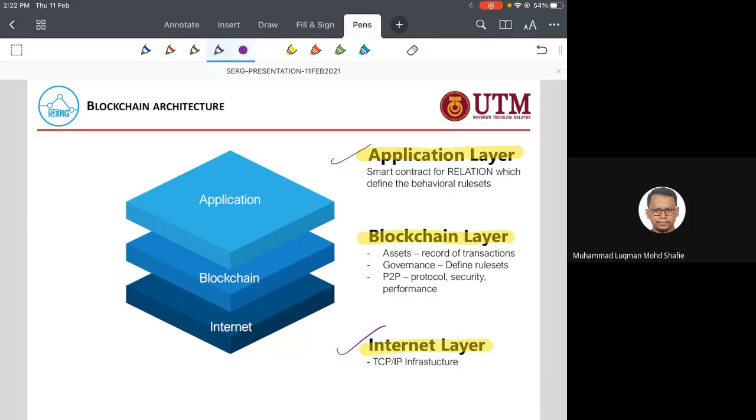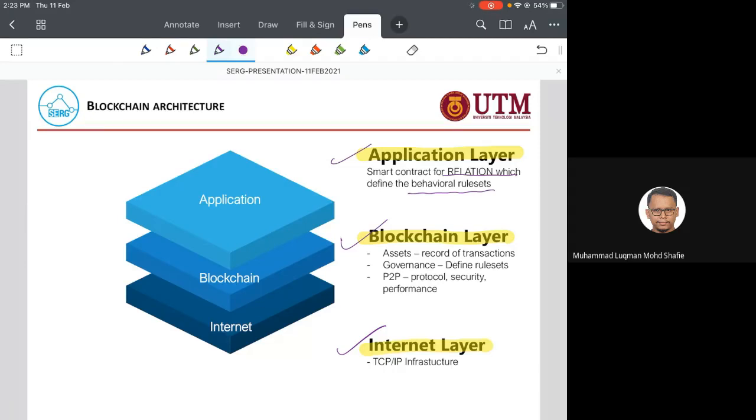Usually the application layer is the place of the smart contract, where you define the variables and the rule set. Whenever you develop a smart contract, you need to set the behavior rule set, meaning that you have thresholds, you have rules, and so on.